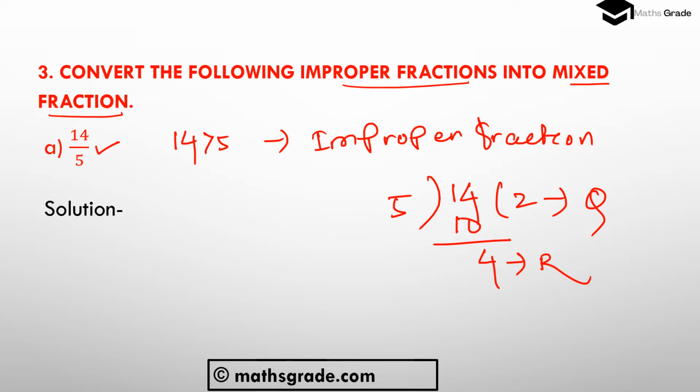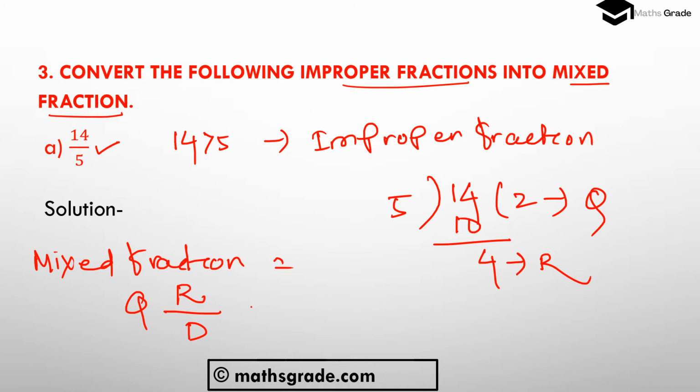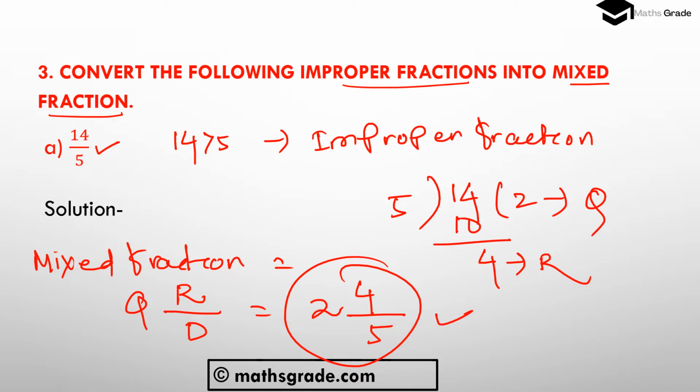Now when we convert an improper fraction into a mixed fraction, the mixed fraction is the quotient, then the remainder divided by the divisor. So the quotient is 2, the remainder is 4, divided by the divisor 5. So 2 and 4/5 is the mixed fraction.